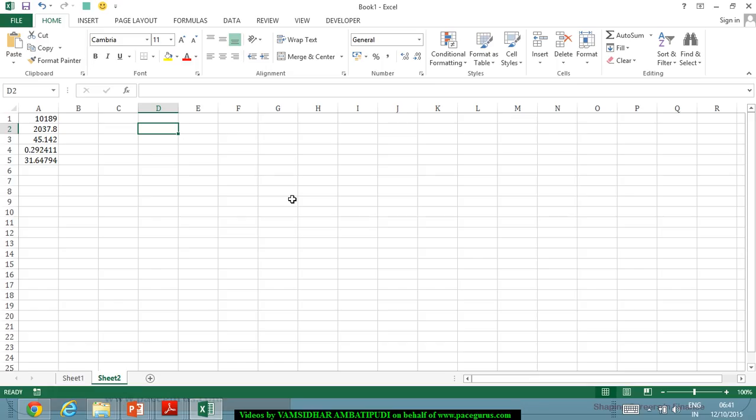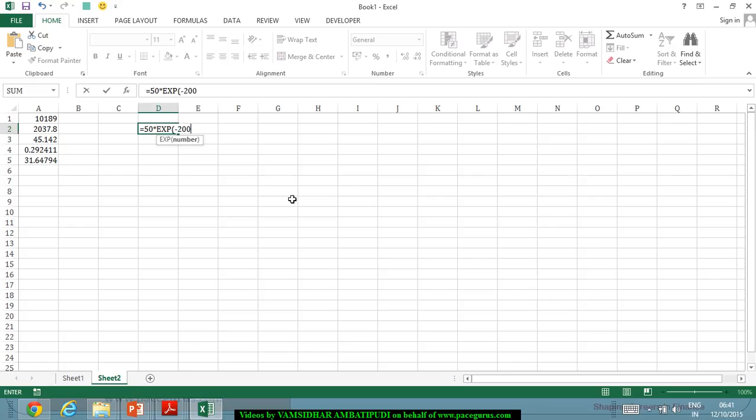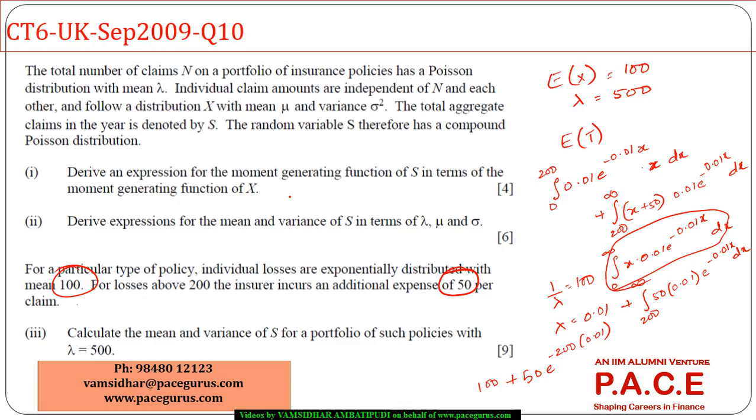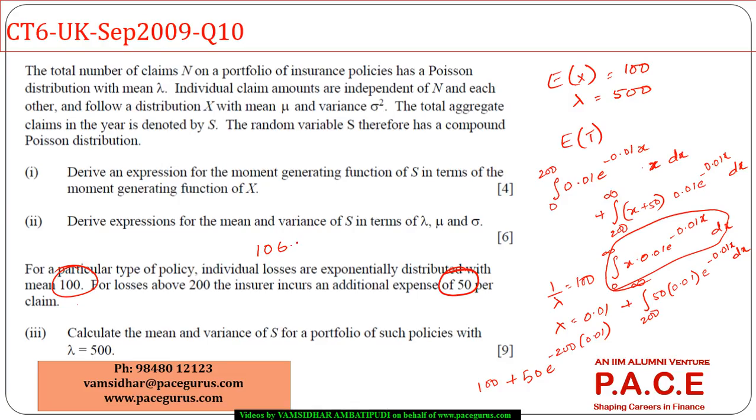So 50 times e to the power of minus 200 times 0.01 is around 6.76. So the mean total expense is coming out to 106.76.